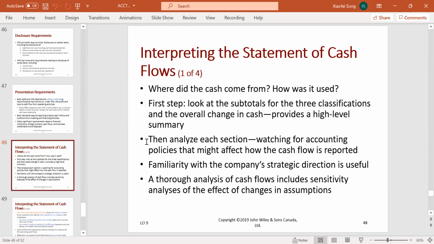Now, sometimes when you read a statement, you have to remember what the purpose of the statement is, right? So an ICP student would say, oh, they generate most cash from revenue. Of course, but what else? You're in a business, right? You generate revenue, but you have to pay expenses to earn the revenue.